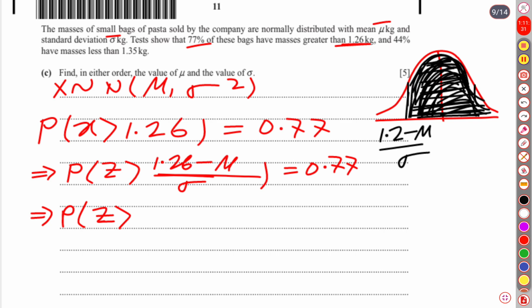So it is sure that our z score is negative.